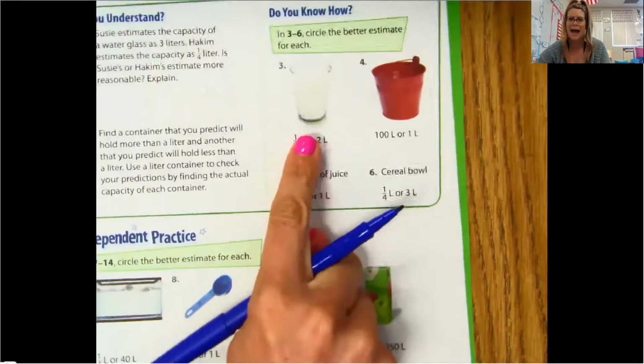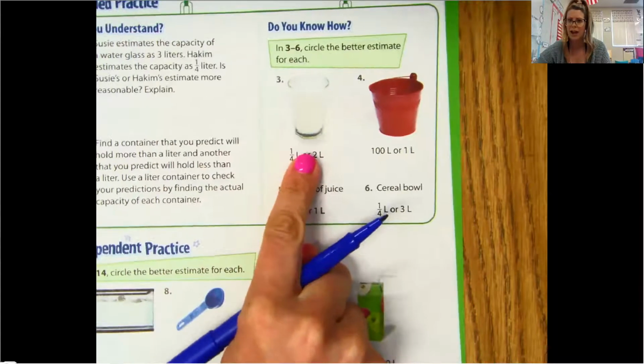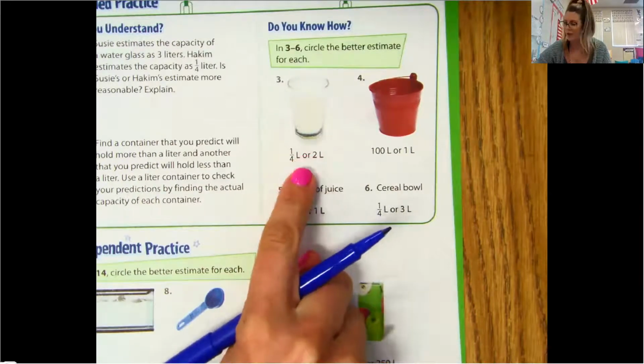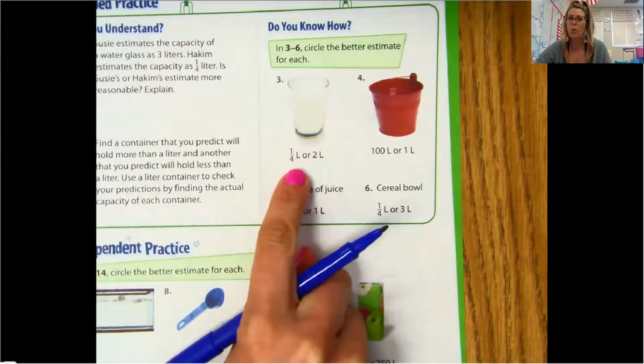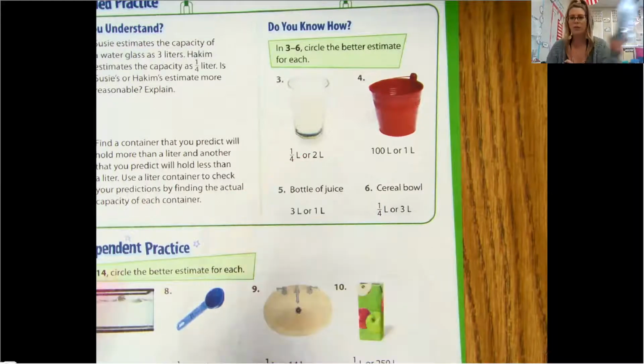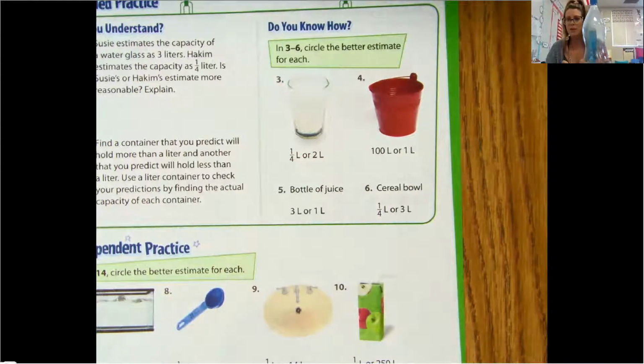We've got a normal glass that you'd have at your house of milk, okay? So they're saying 1/4 of a liter. If we look at a liter and we split our liter up into 4 equal parts, it'd be just a little bit down here.